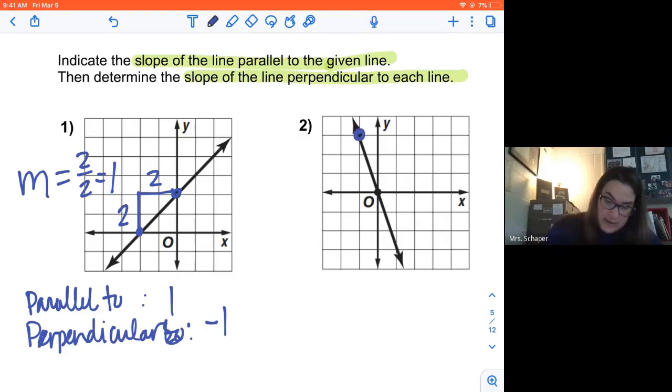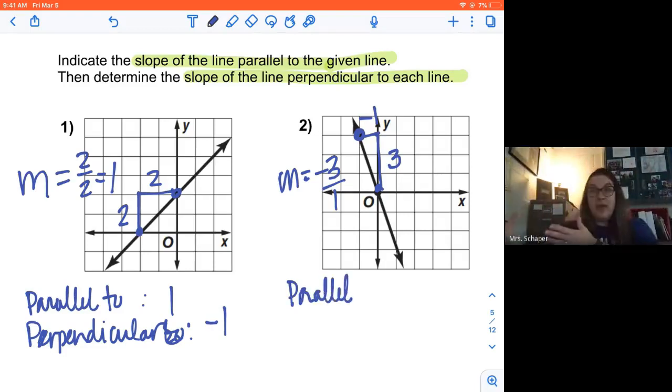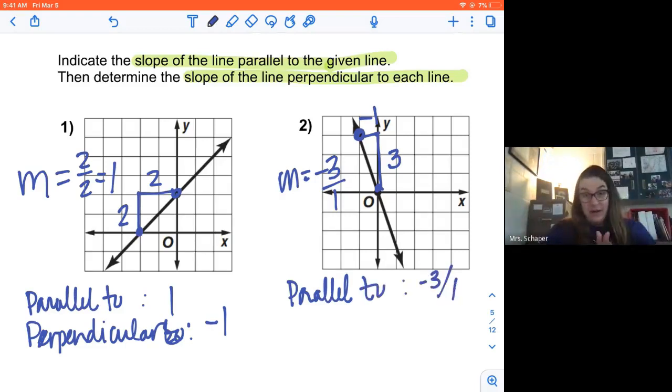I've got 2 dots already given. I've got that my rise is 3 and my run is -1. So the slope of this line is -3 over 1. So the slope of the line parallel to it, I draw another line parallel to it, it's going to have a slope of -3 over 1. It's going to be the exact same thing.